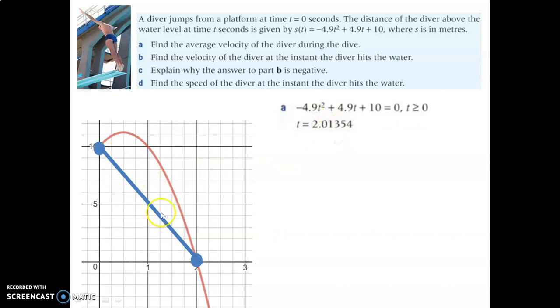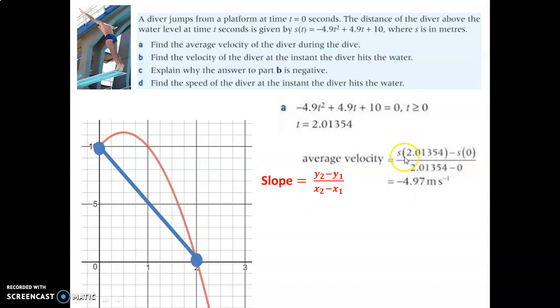So now let's find the slope, because average velocity is just the slope of the position function. Okay, so slope we know is y2 minus y1 over x2 minus x1. So the y2 value, the value of y here, is s, we put into the position function the time equals 2.01, and we already know that's going to be 0.